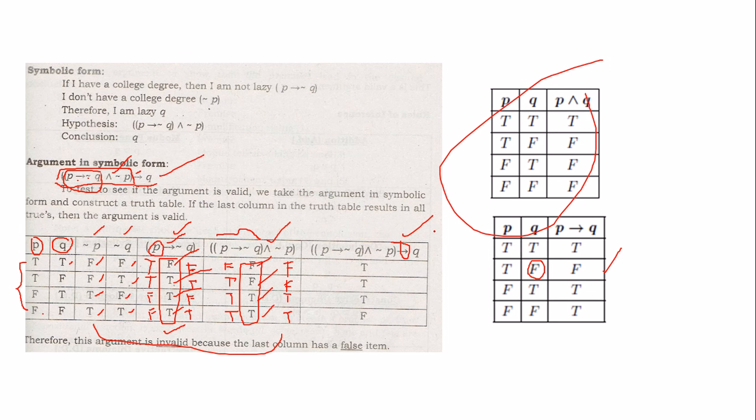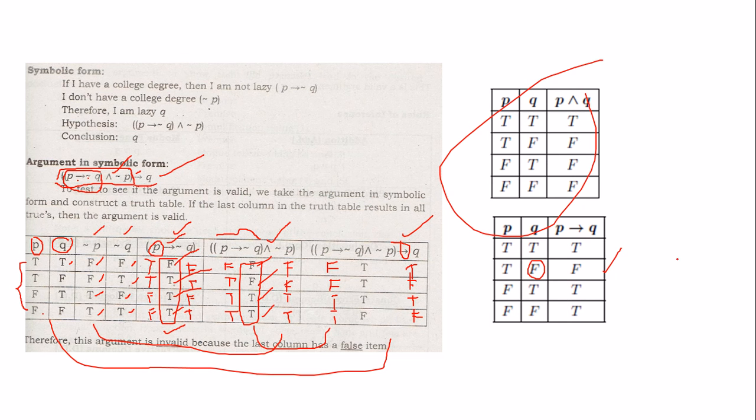Last is the conditional. I will copy this again: false, false, true, true. And your Q is true, false, true, false.